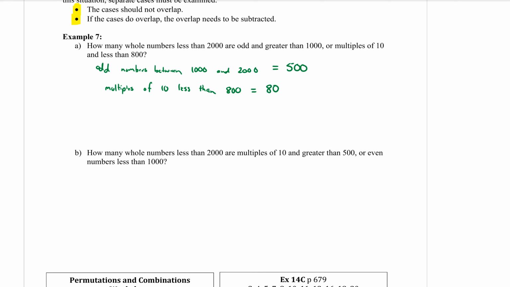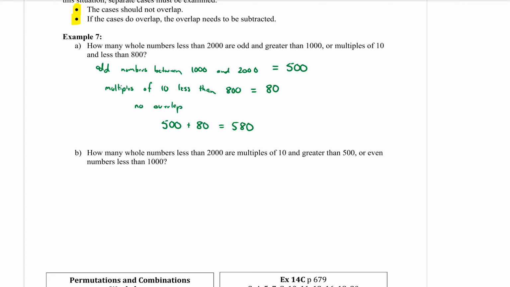So the first one I was looking between 1,000 and 2,000, and the next one was less than 800. There's no overlap, okay? I'm going to write a note there, no overlap. So we remember that, no overlap. So all I have to do is add those two amounts together. 500 plus 80 makes 580. Not always going to be that simple.